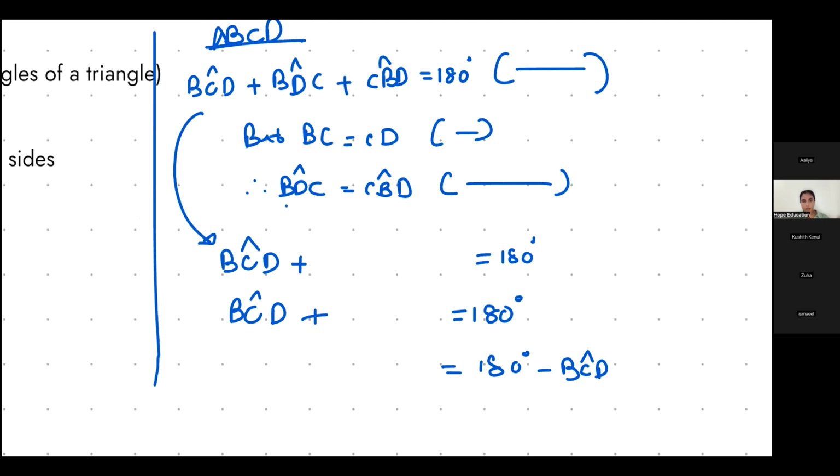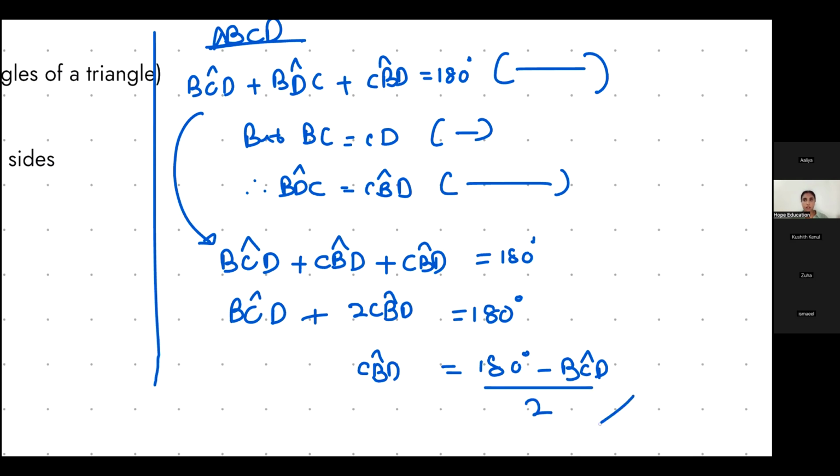So I write CBD plus CBD. Then I have 2CBD. Then CBD equals 180 minus BCD divided by 2. Up to that point, it's clear for all of you, right?